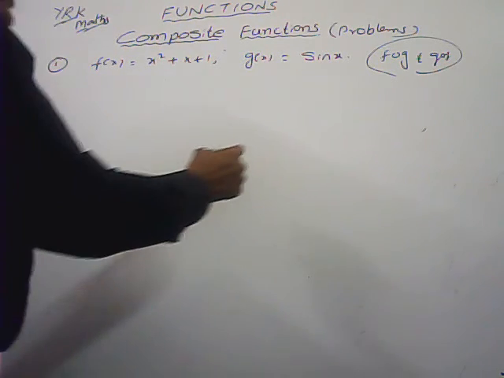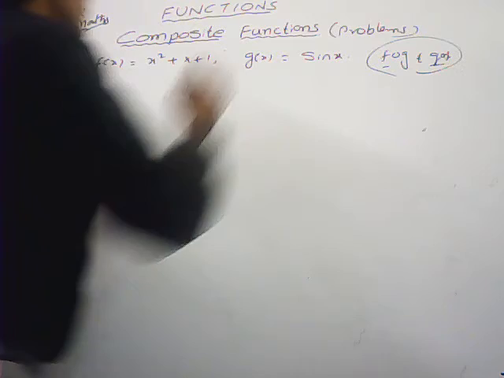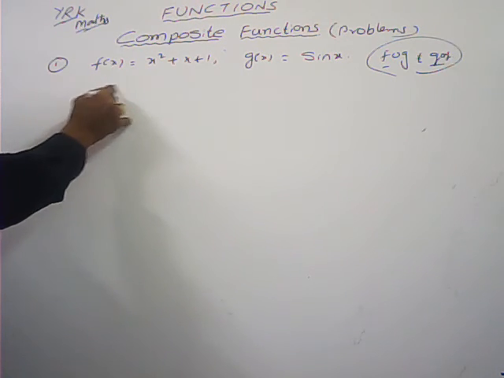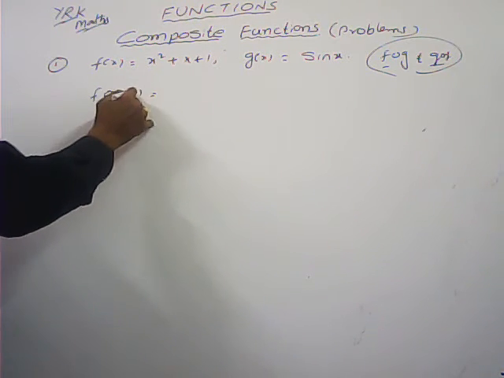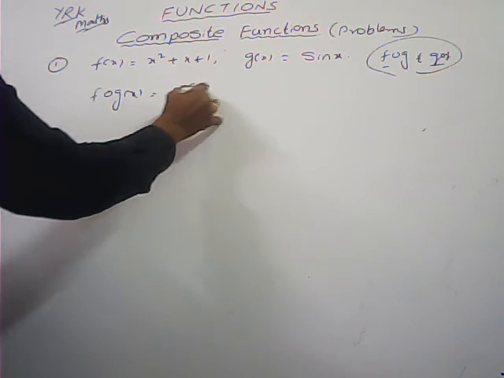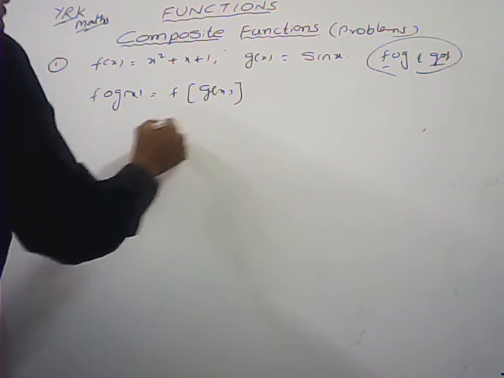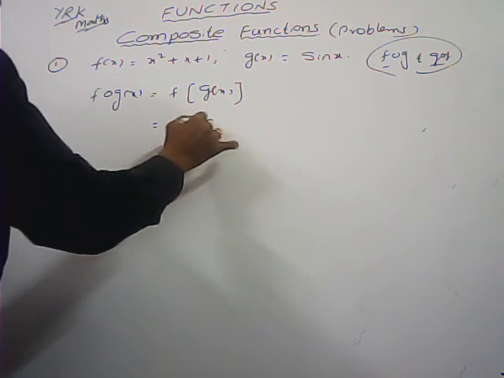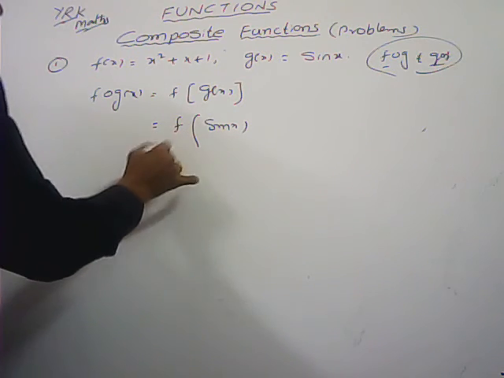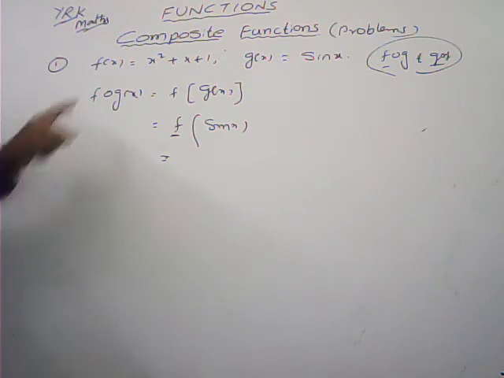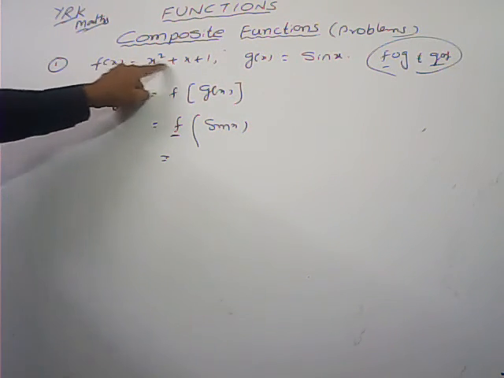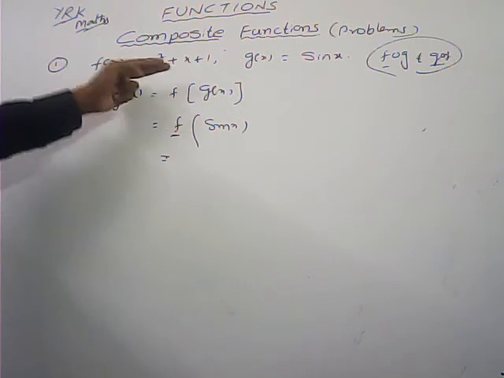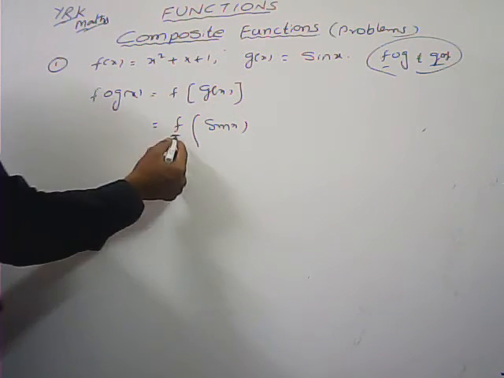Now here we have to find f circle g and g circle f. F circle g of x, how to define that? F of g of x. That is equal to f of, what is g of x here? That is sin x. Now here the f function is there.